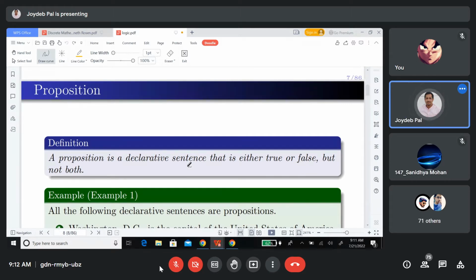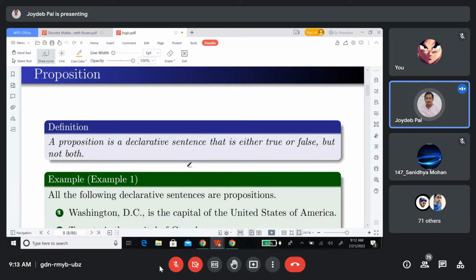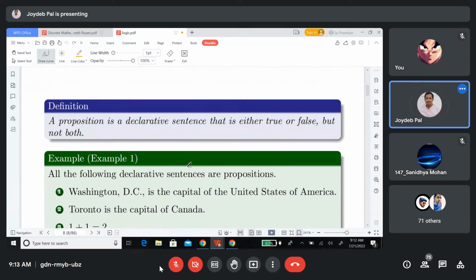So that is why there is a line that propositions are the basic building blocks. Okay, propositions are the basic building blocks. Now let us come to the formal definition. What are propositions? See, a proposition is a declarative sentence which is either true or false but not both.